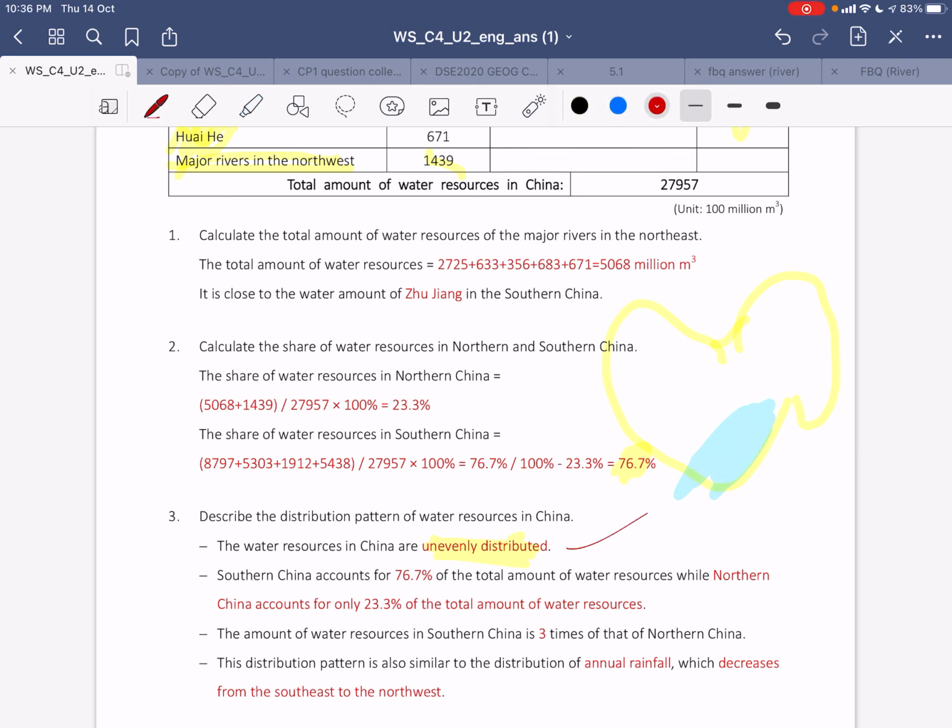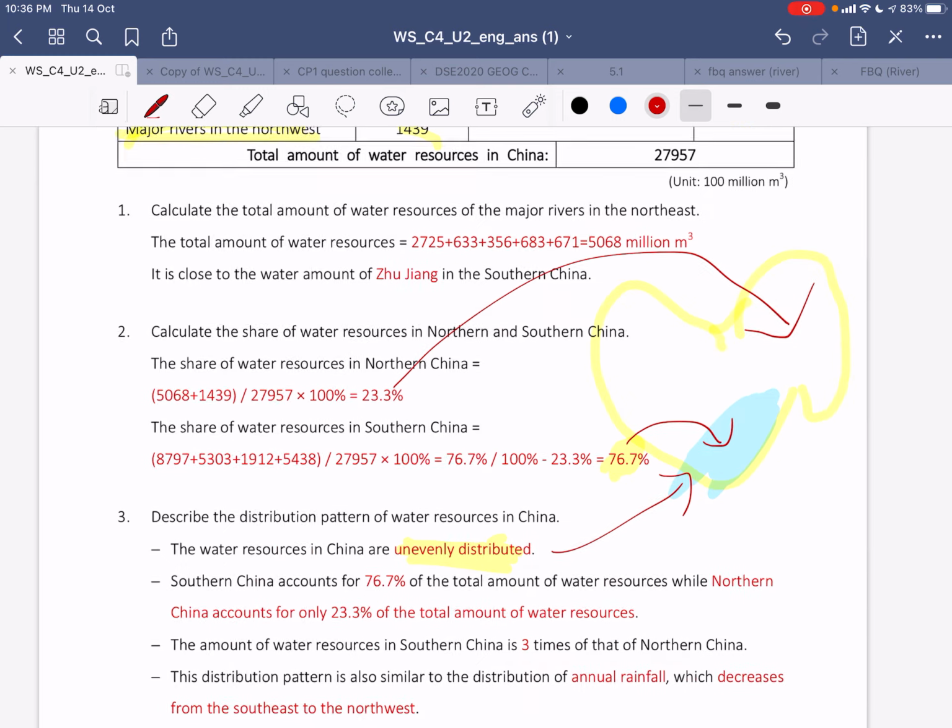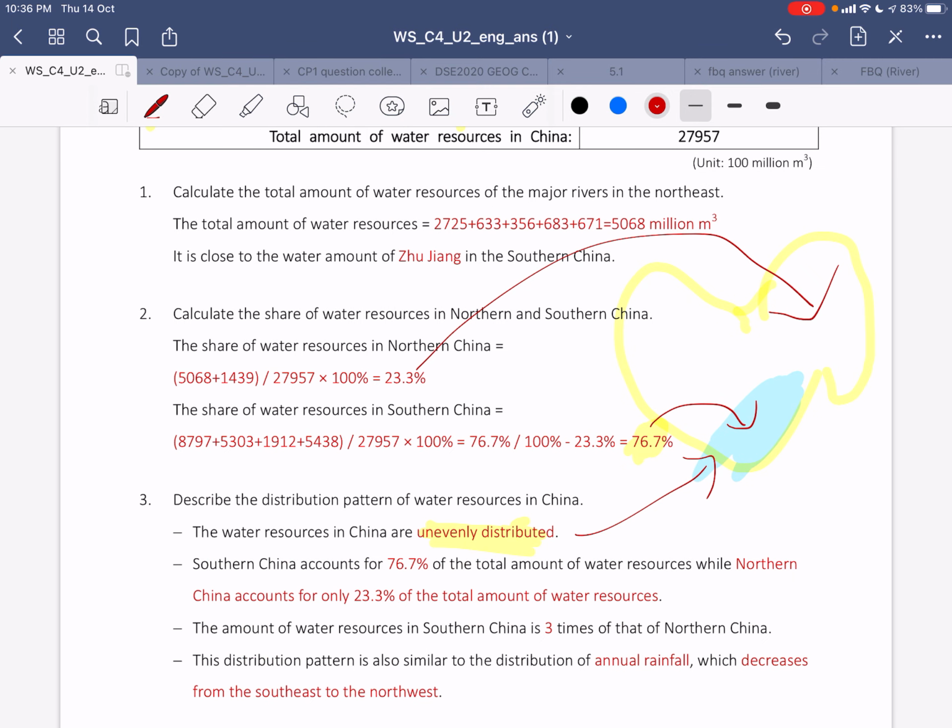It is unevenly distributed: almost 77%, 76.7%, is located here, and the remaining 23.3% is in northern China. So it's quite unevenly distributed, and southern China has 3 times more than northern China.